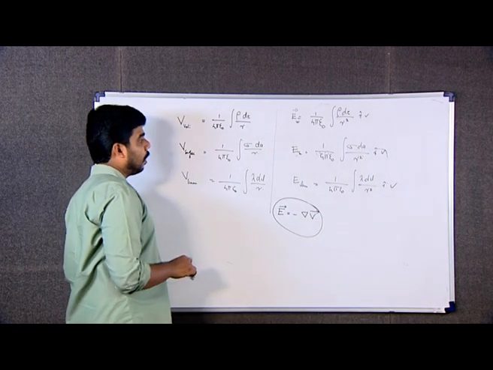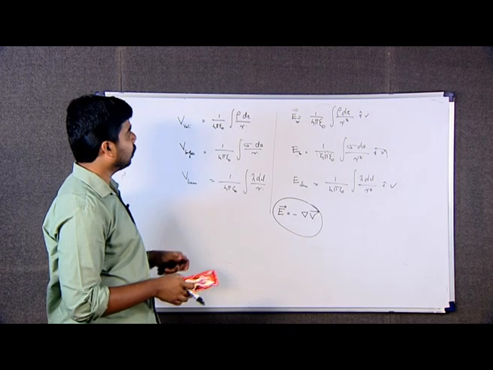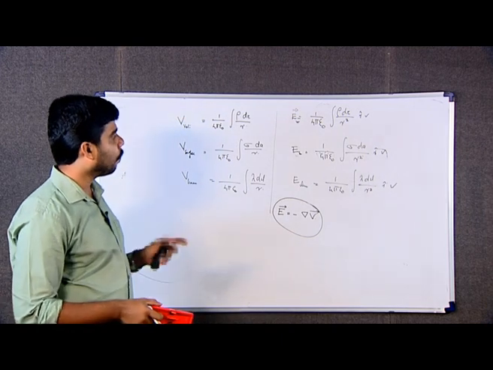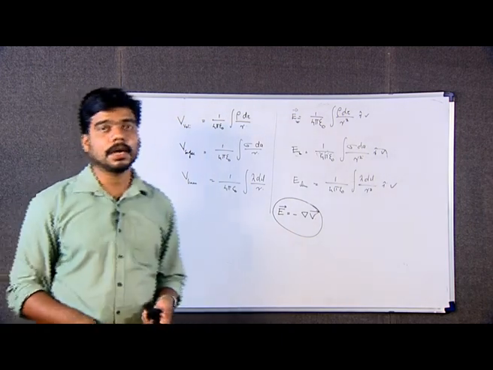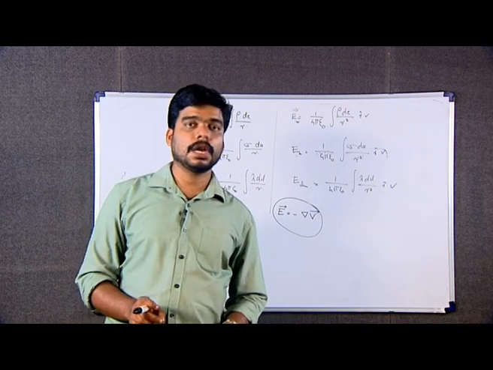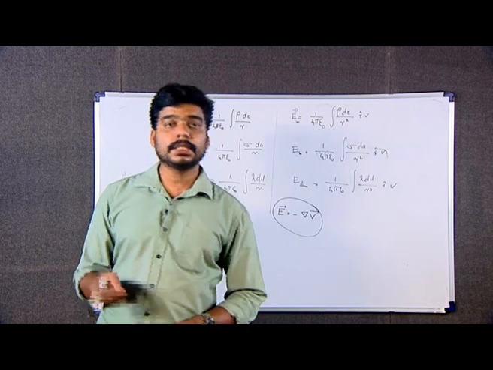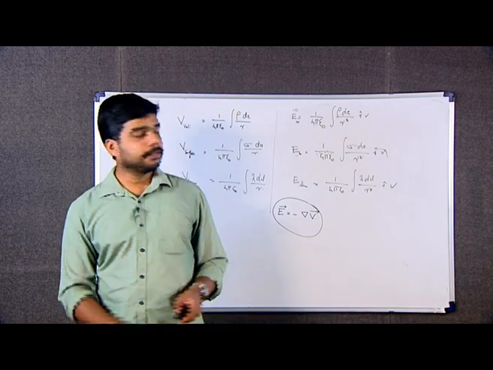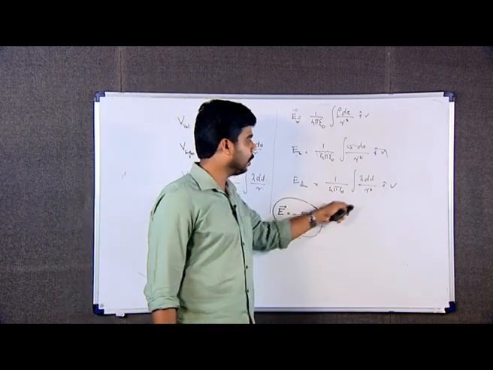In the case of the field, you want to find the direction of the field, so you should find out the charge distribution and the radial vector along that direction. So, this is the main disadvantage of the field formulation.